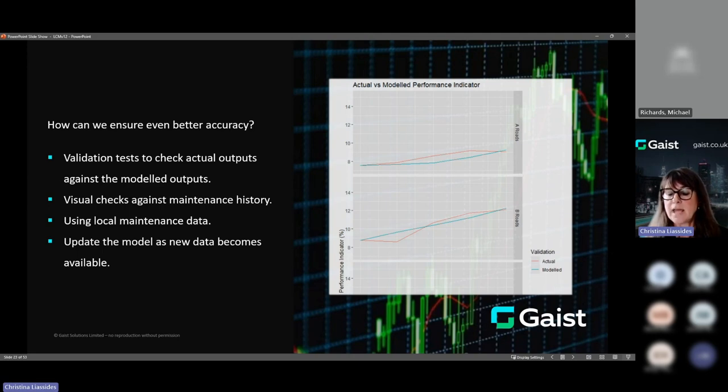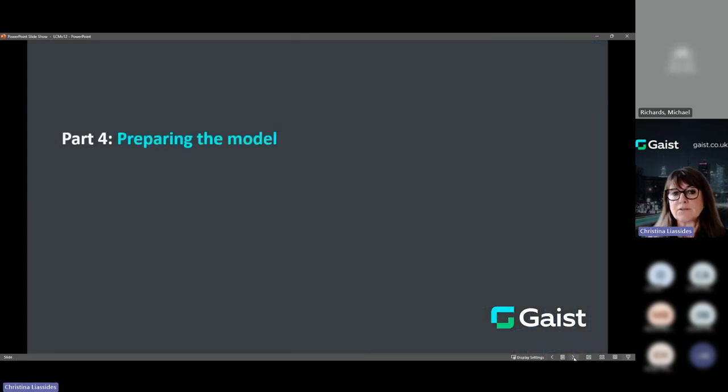So for example, if you've got the last 5 years of condition data, we could run our model as if we're predicting those 5 years and compare our results to what actually happened. Then we can calibrate the model a bit better towards how your roads are actually performing. We can do visual checks, which I've mentioned, because we've got that imagery, against maintenance history. And obviously we can use local maintenance data, any data that you have. All that can be updated into the model as well.